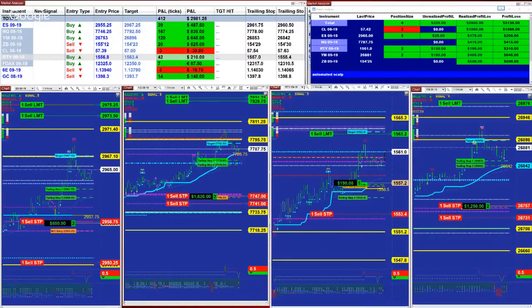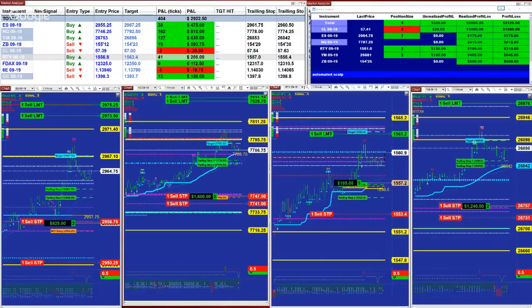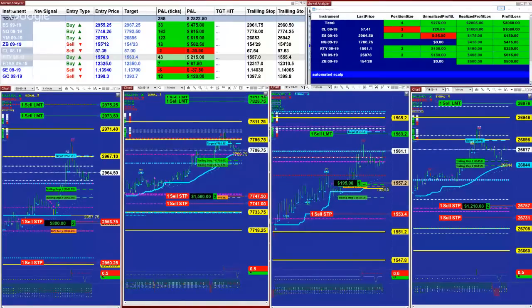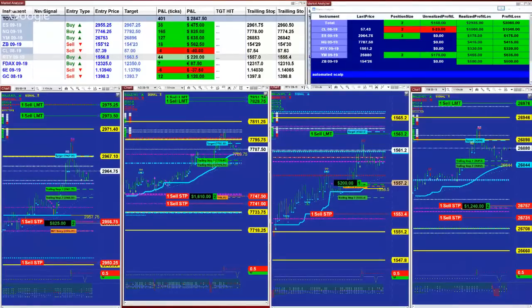Or you know what, I'm not sure it's going to go to the target, maybe I'll go ahead and get this $200 out of that trade and run. So you have so many options and everything is right in front of you, from the most accurate fib lines ever to the very persistent signal entry and target. And what else do you need?